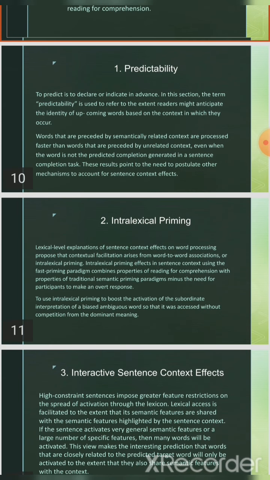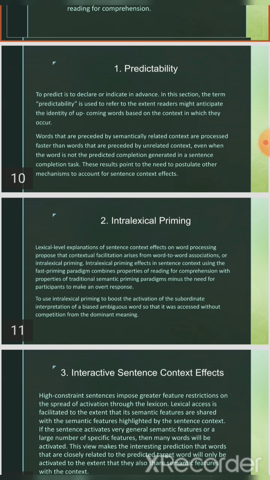To predict is to declare or indicate in advance. In this section, the term predictability is used to refer to the extent readers might anticipate the identity of upcoming words based on the context in which they occur.